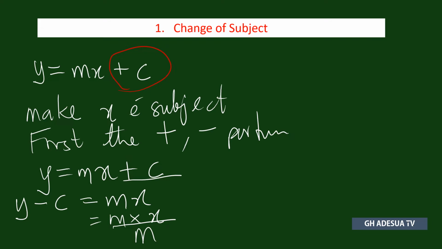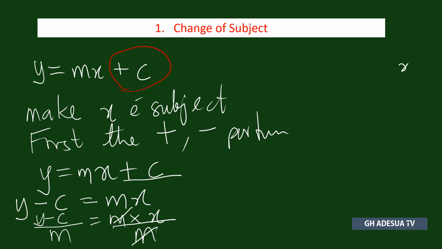Meanwhile, the left-hand side is also left, so you need to deal with it. So you have y minus c. And for an equation, what you do to the right, you do the same thing to the left. So y minus c over m. Now, on the right-hand side, where you are making x stand alone, this m can cancel that m. Now x will be standing alone.